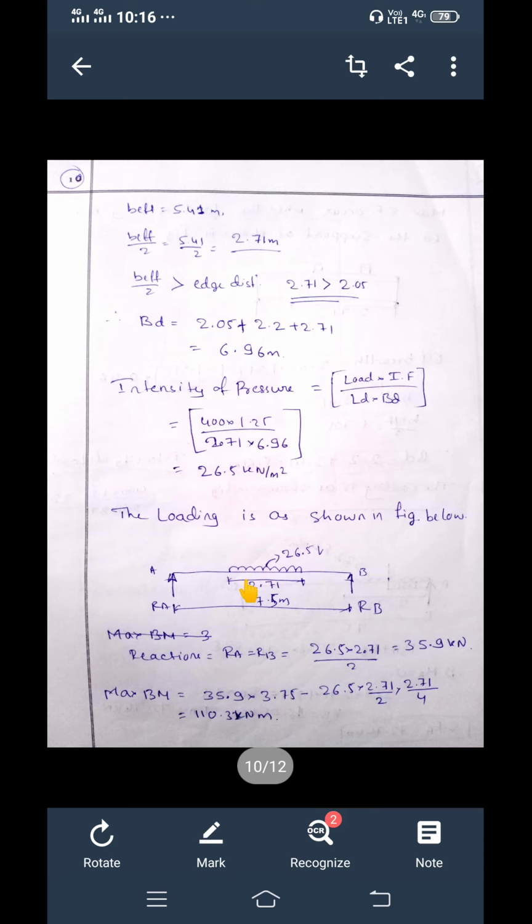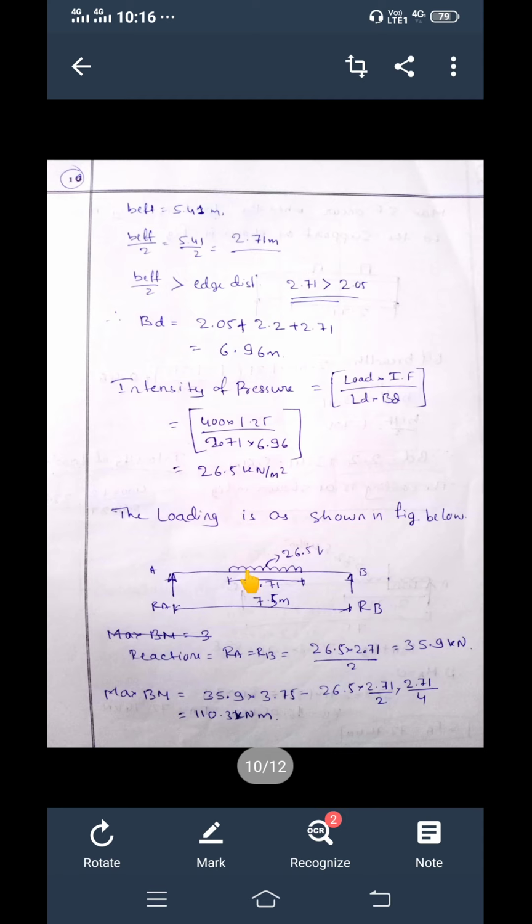You get the load, and this load acts as a point load at the center of this span, that is 2.71 divided by 4.